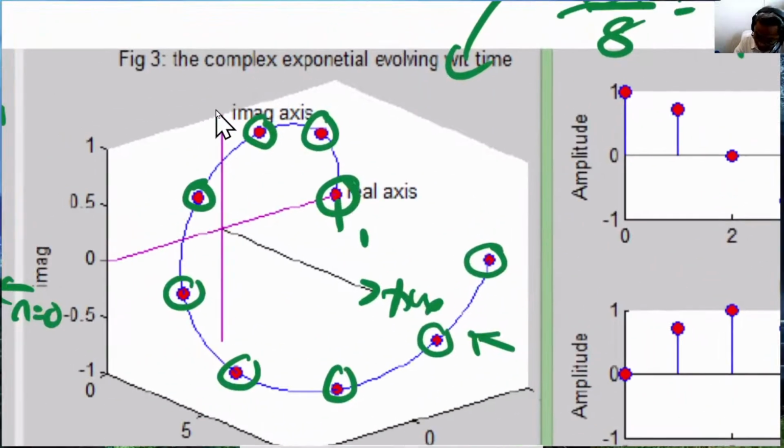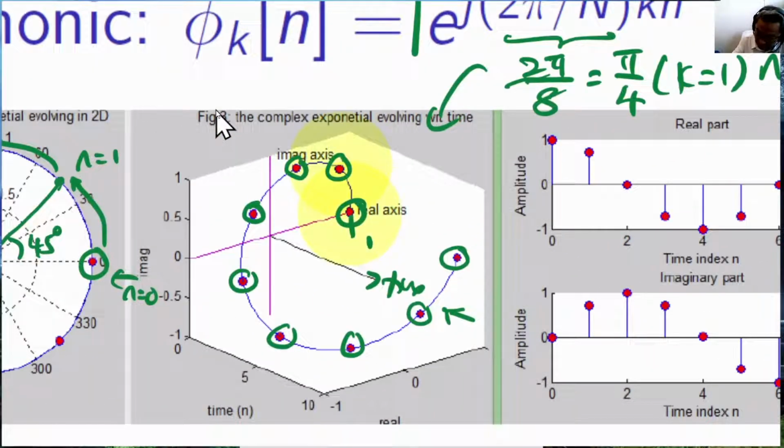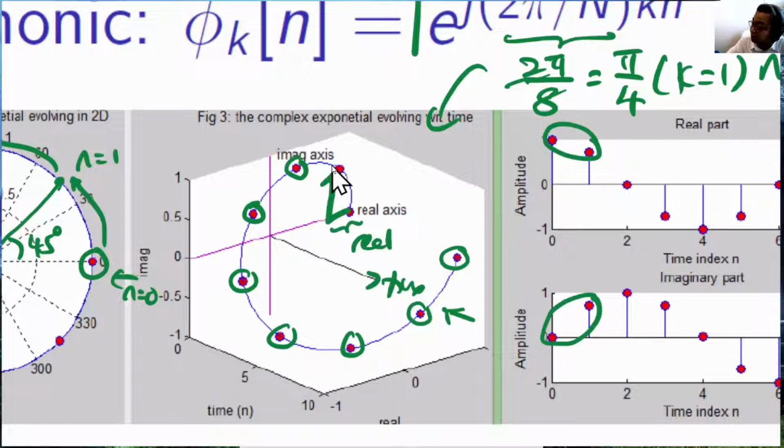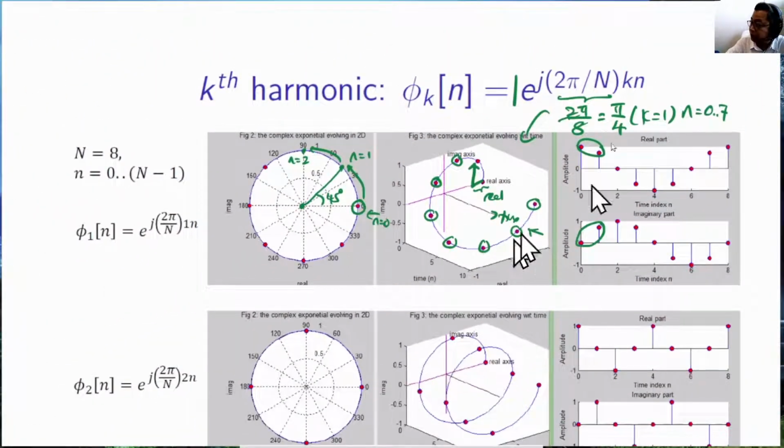So actually, it is this interpretation here, move by a little bit and goes up. So this is the real part that has become smaller as I move one step, and the imaginary goes up. Okay, so this is the thing I'm talking about. This is the real part becoming smaller and the imaginary part going up. Alright, once you can interpret this figure, you understand that this is rotating at pi over 4 radian per sample.